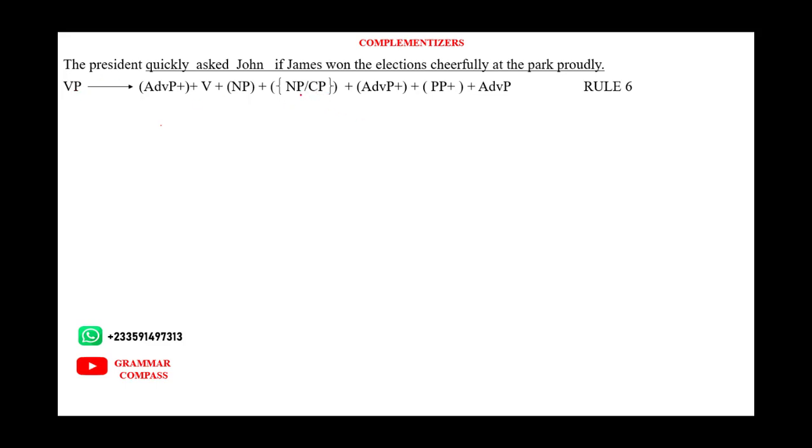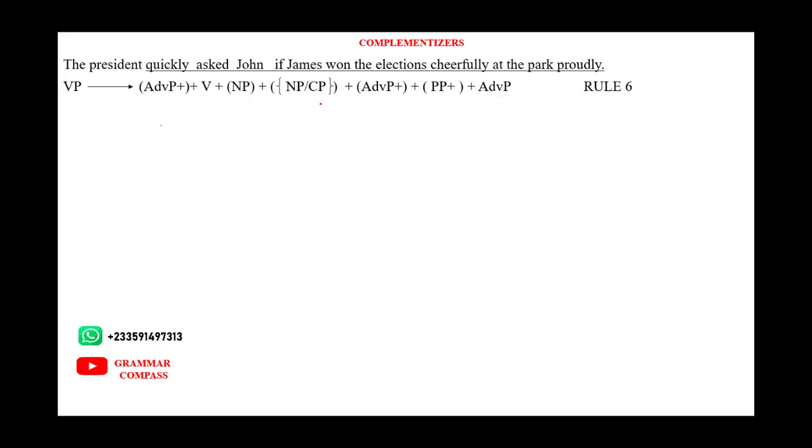verb phrase rule. You can be given a verb phrase that consists of an optional adverb phrase, which can be more than one, and a verb head followed by a noun phrase, and then another noun phrase followed by an adverb phrase, which can be one or more, which is also followed by a prepositional phrase, which can be one or more, and this prepositional phrase can also be followed by an adverb phrase.